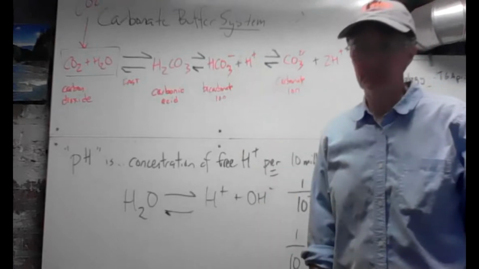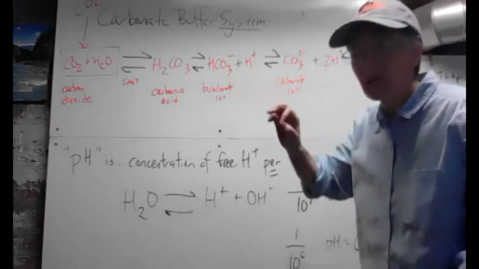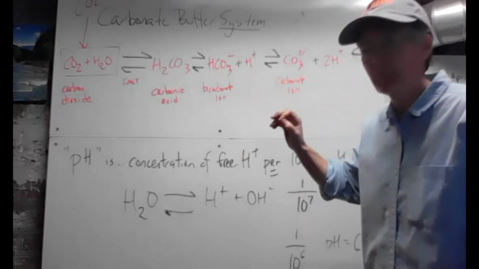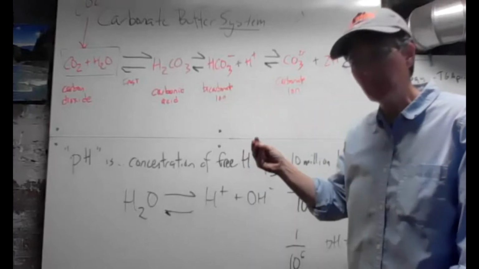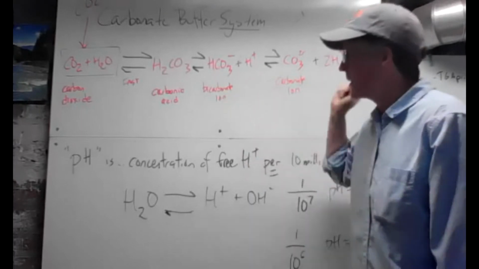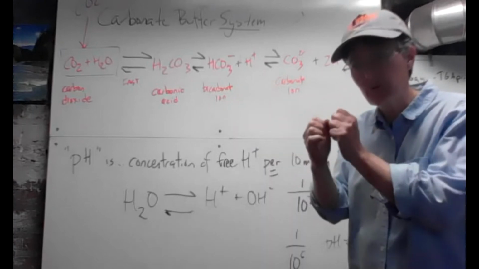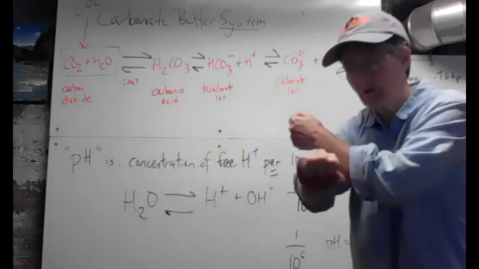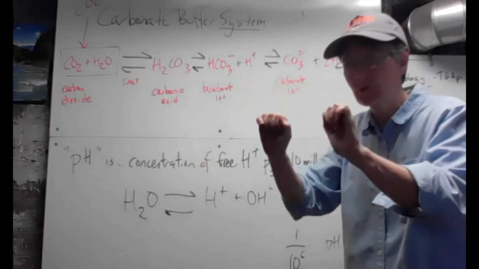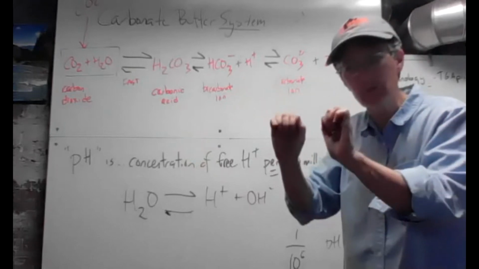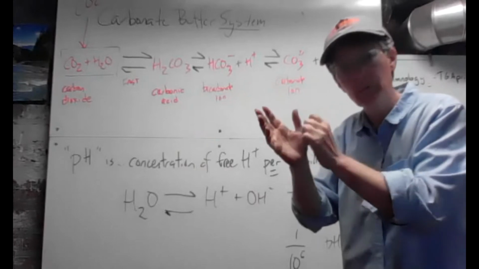What's going to happen? If you add more protons, then in any given instant in time, a bicarbonate ion has a higher chance of bumping into a proton. If a bicarbonate ion gets too close to a proton and they're not moving too fast, not too fast in the wrong direction, boom, they'll stick to each other because one's positive and one's negative.